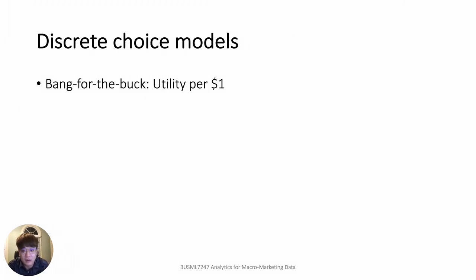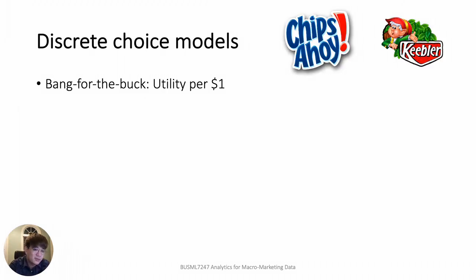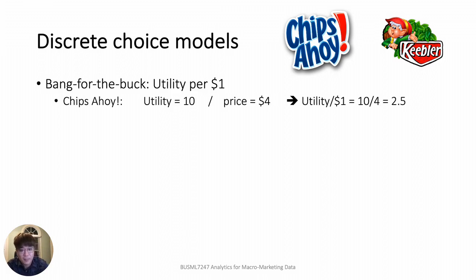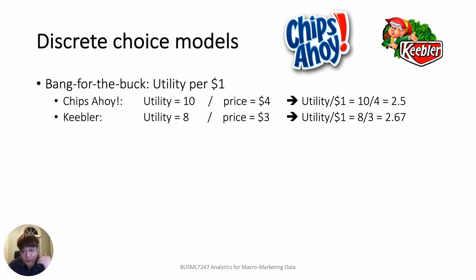utility for $1. For example, consider a chocolate chip cookie market. For simplicity, suppose that there are only two players in the market, Chips Ahoy and Keebler. And suppose that there is a consumer who feels 10 units of utility from Chips Ahoy and feels 8 units of utility from Keebler.